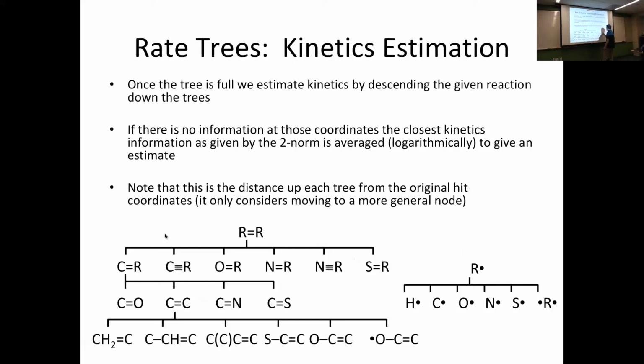What we do is measure the movement in this dimension, which is how many times you moved up the tree in this tree, and the distance here is how many times you moved up in that tree. So if we move up in both of these, we moved 1, 1, and you'd have root 2 distance. If you stayed here and moved up 1 in this one, it would be 0, 1, and so you'd just be 1 Euclidean distance.